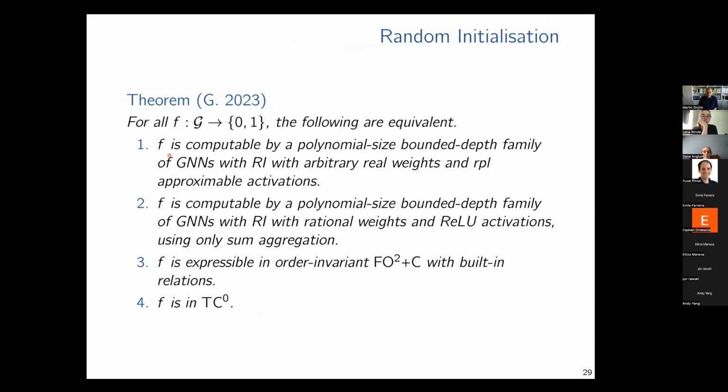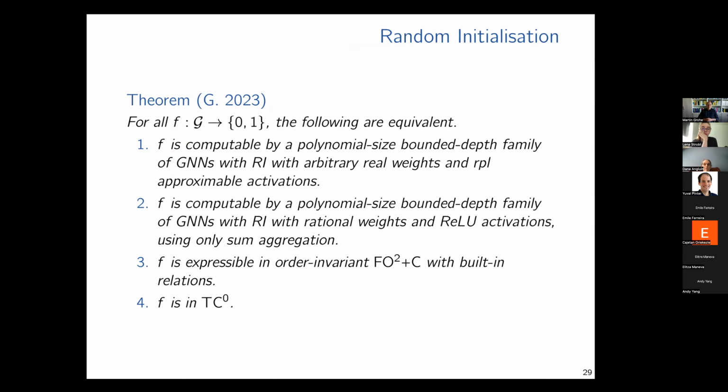It's computable by a polynomial size bounded depth family of GNNs with random node initialization. We can add arbitrary real weights and again, these RPL approximable activations. Then we have the normal form, same thing, but now with rational weights, ReLU activation, sum aggregation.